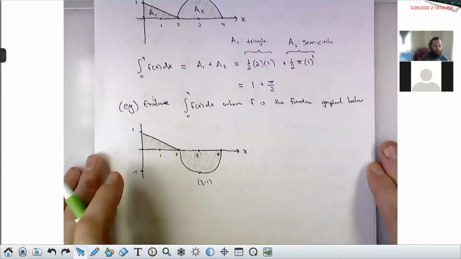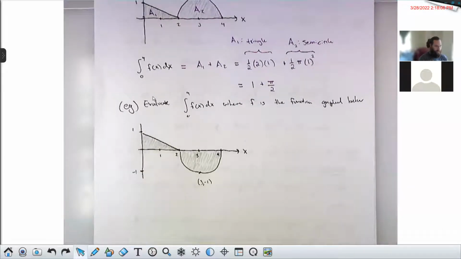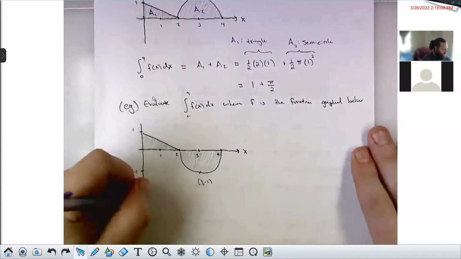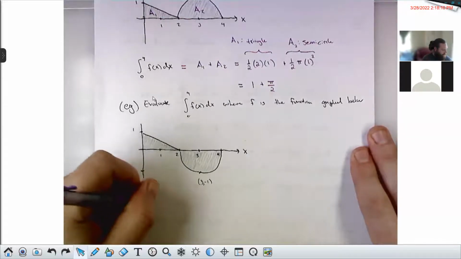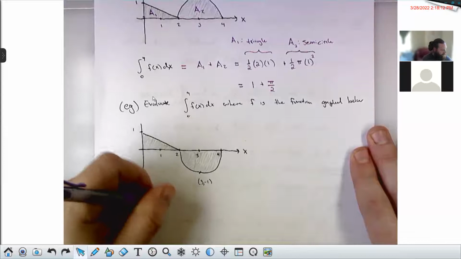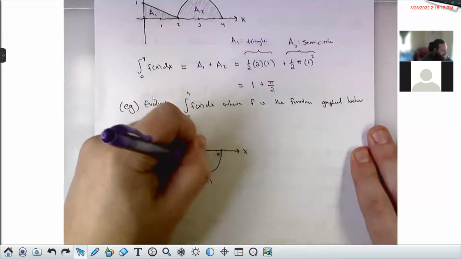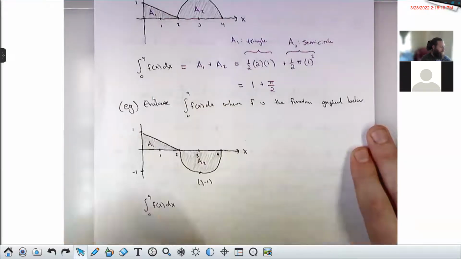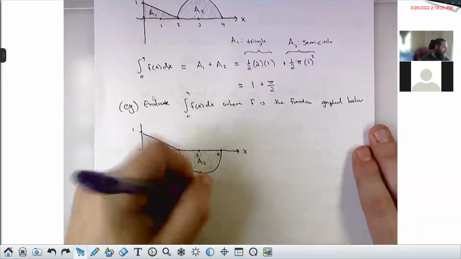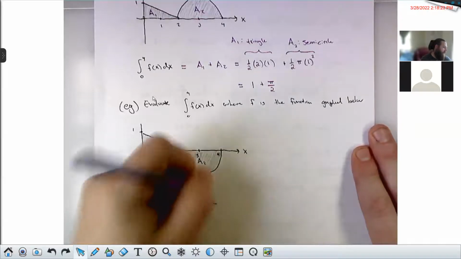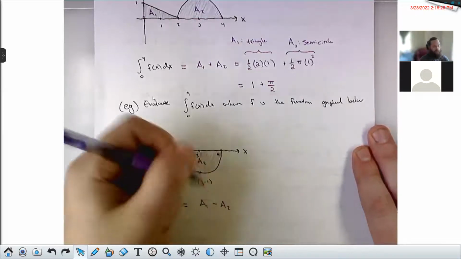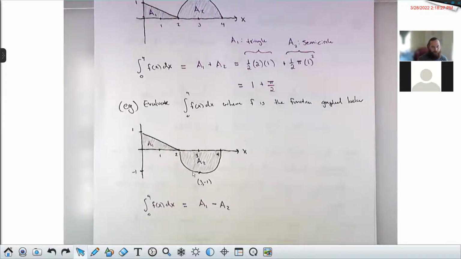So when I go to do the calculation here, I'd say that the integral from 0 to 4 of f of x dx, this is A1, this guy has area A2. Instead of being A1 plus A2, this would be A1 minus A2. That area A2 needs to be counted as negative because he's under the x-axis.